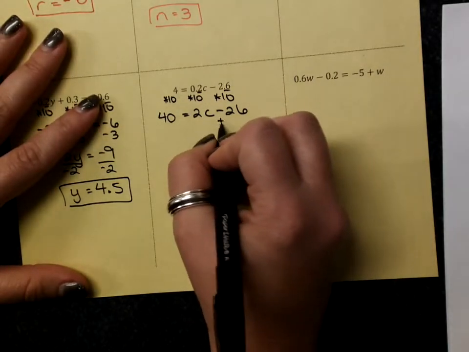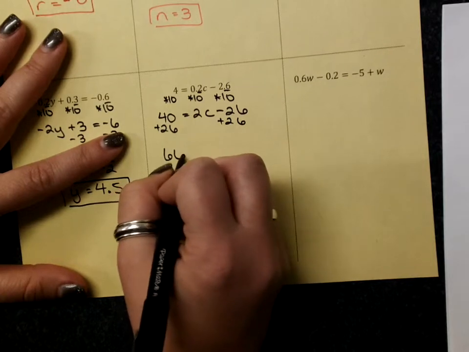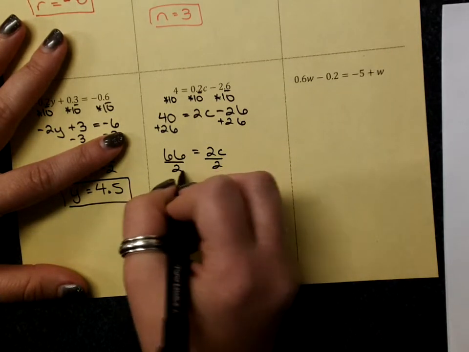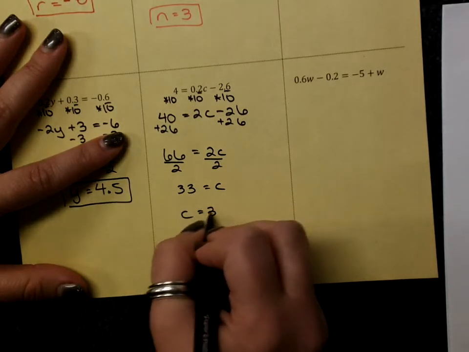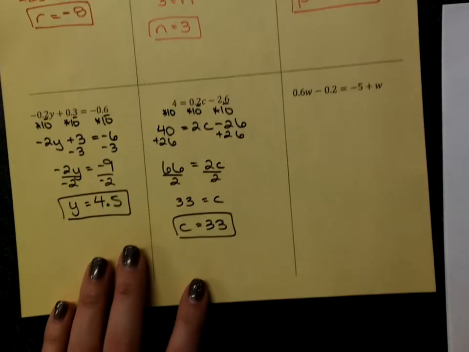Trying to solve for c, so I'm going to add 26 to both sides. That gives me 66 equals 2c. Divide by 2, that's 33. So c equals 33. Not too bad.